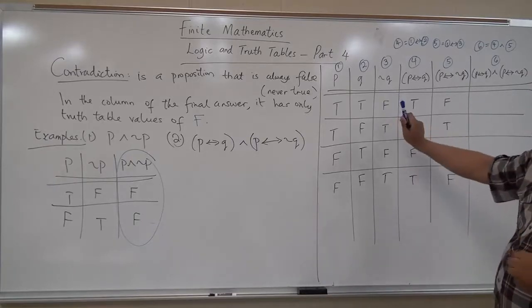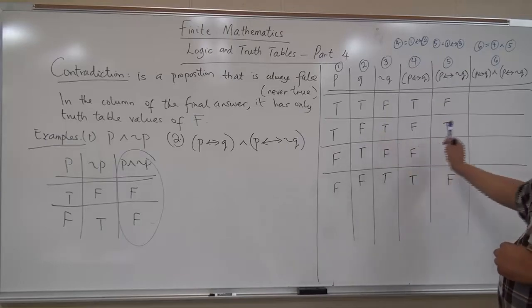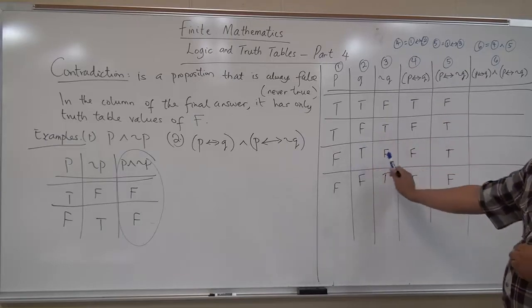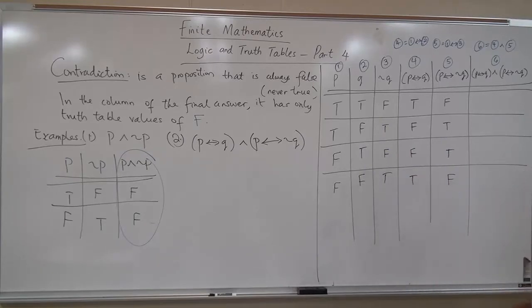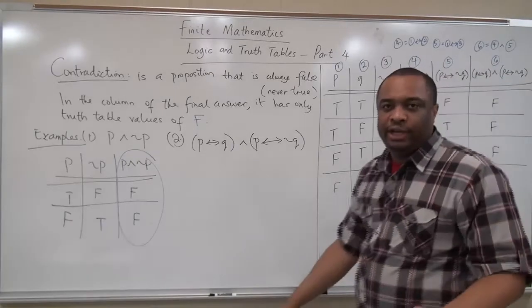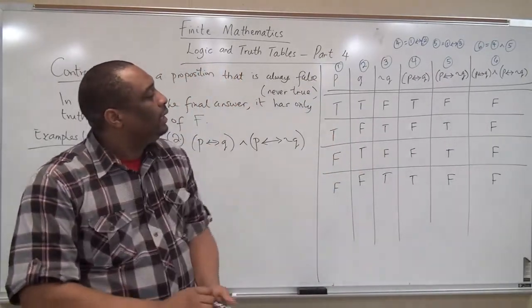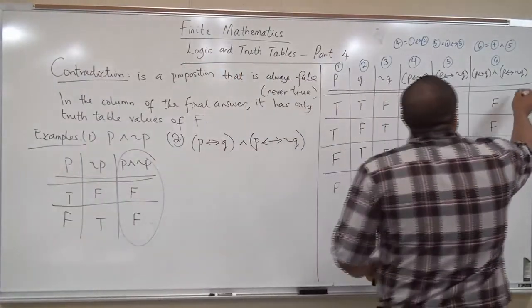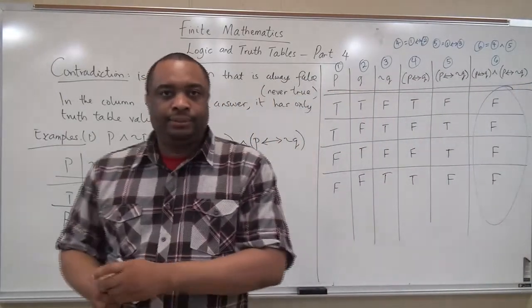T if and only if F is F, T if and only if T is T, F if and only if F is T, and F if and only if T is F. Alright, so T and F is F, F and T is F, F and T is F, T and F is F. So this is an example of a contradiction, because the truth table values in the final column are all false.